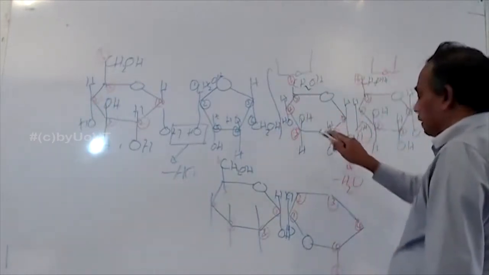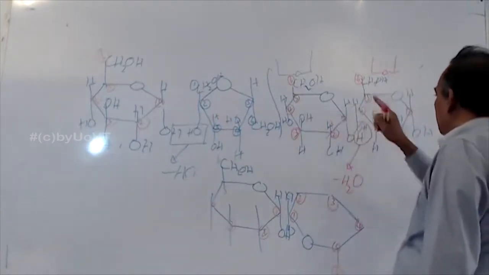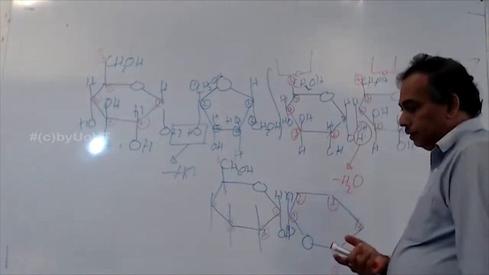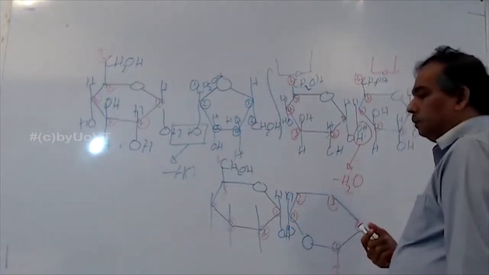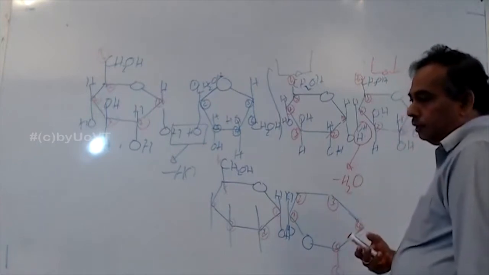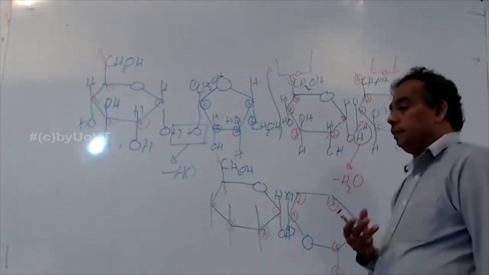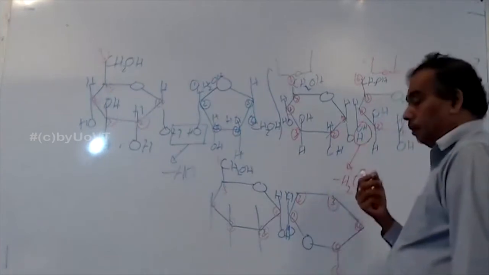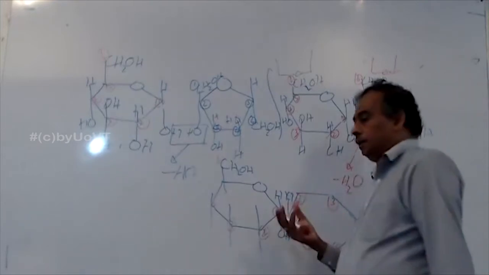In maltose, the first carbon of the glucose is joined with the fourth carbon of the second glucose through a glycosidic linkage. Because of that, the product is maltose. In that molecular structure, you can observe one free anomeric carbon, because only one anomeric carbon engages in the glycosidic linkage.